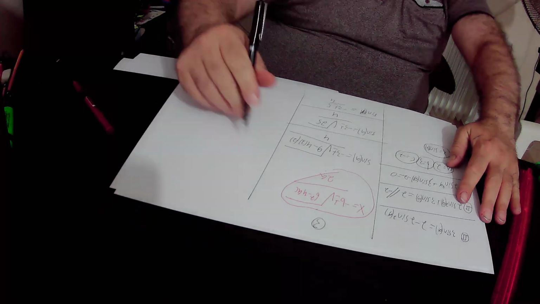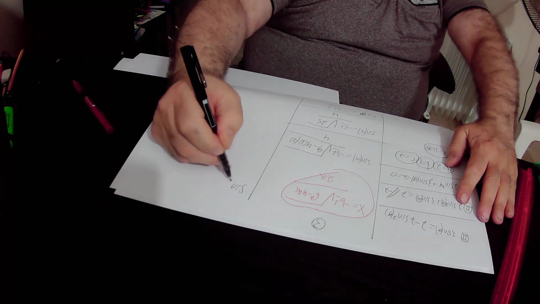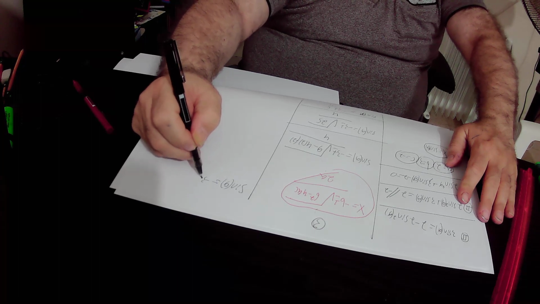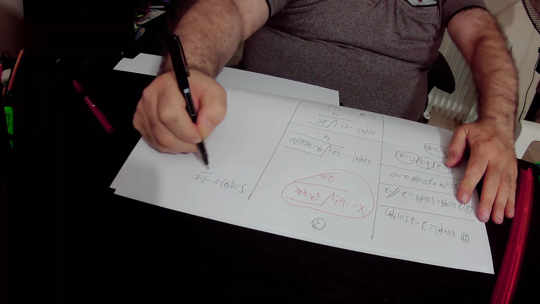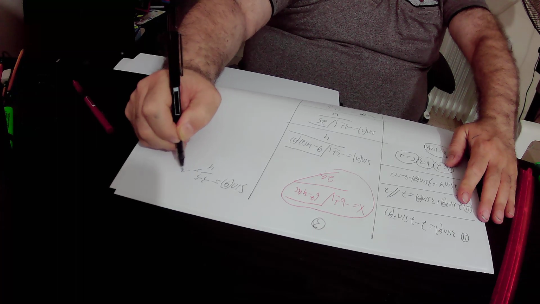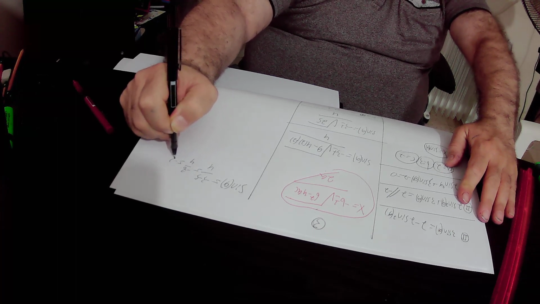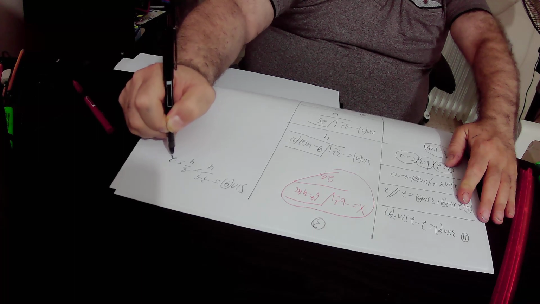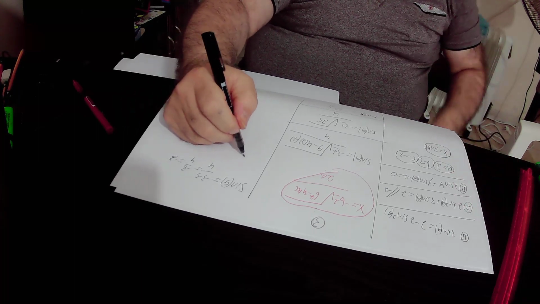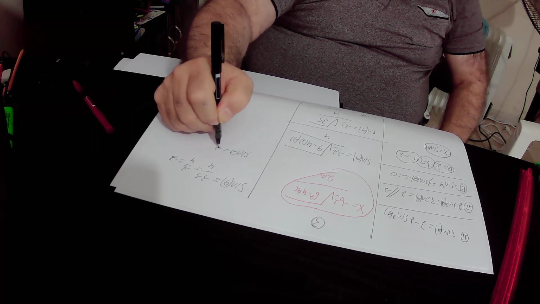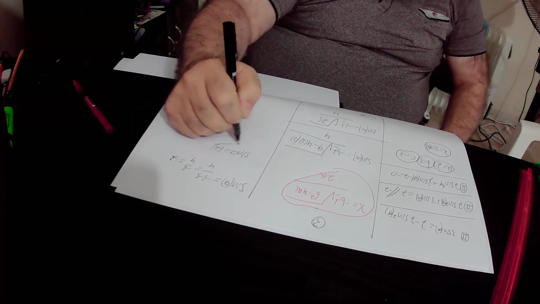The first solution for sine alpha will be minus 3 minus 5 over 4. Minus 3 minus 5 is minus 8, and minus 8 over 4 is minus 2. So we found that the first solution for sine alpha is minus 2, that is to say sine alpha equals minus 2.